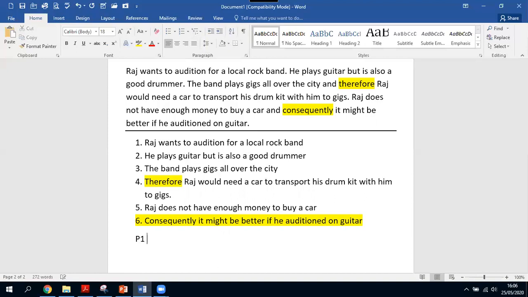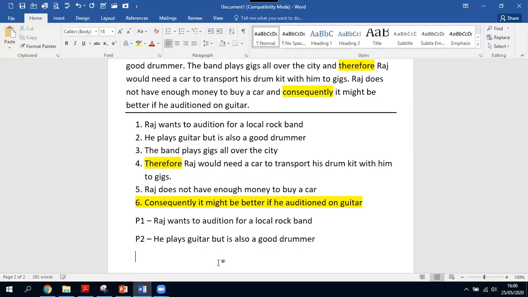So premise 1 is Raj wants to audition for a local rock band. Premise 2 says he plays guitar, but is also a good drummer. Premise 3, the band plays gigs all over the city.